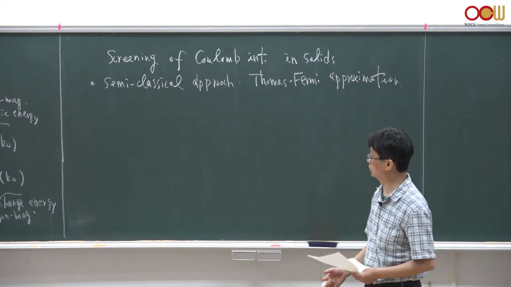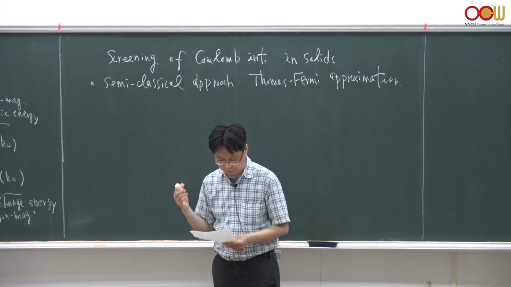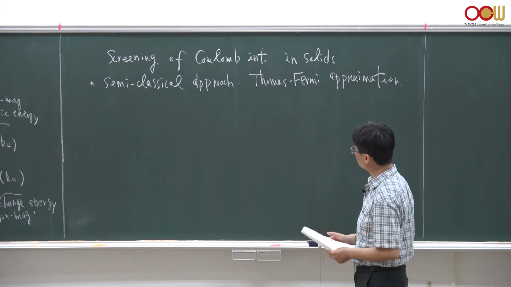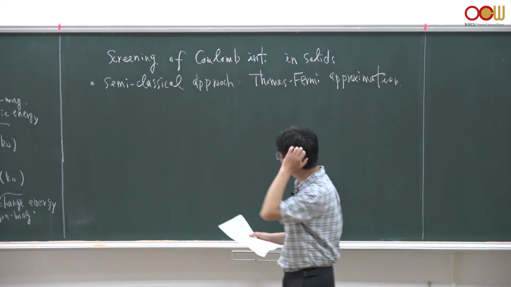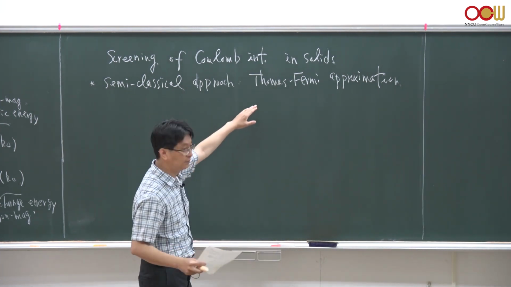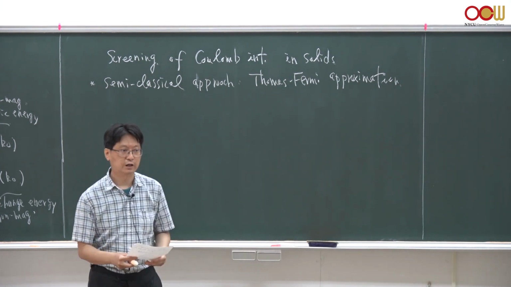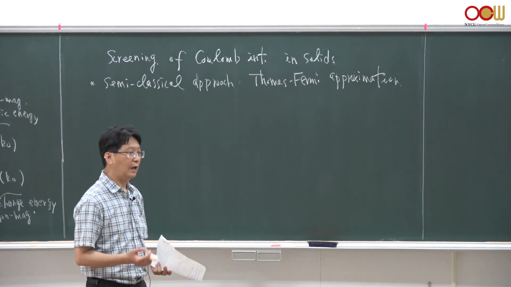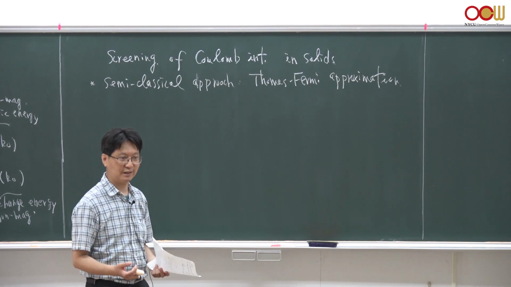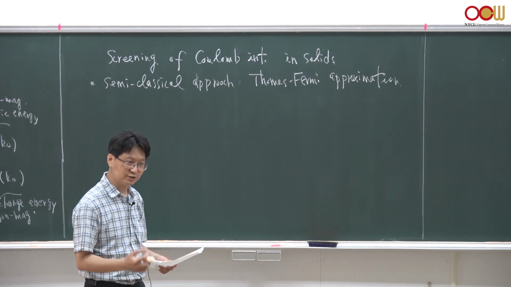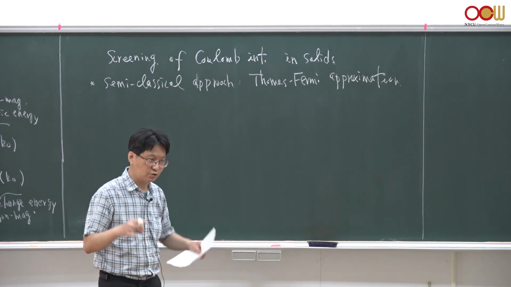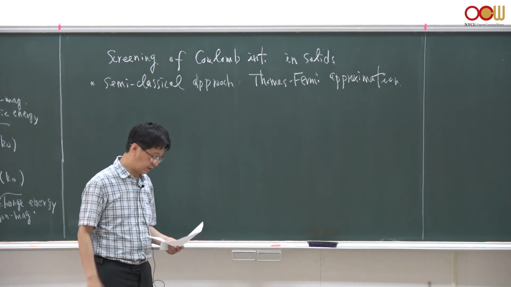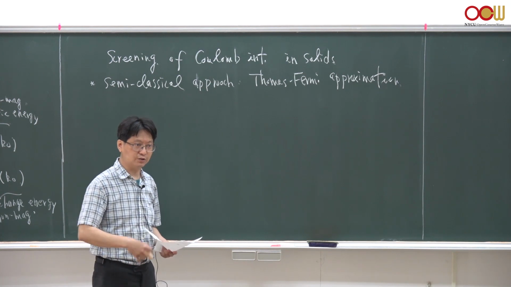At low temperatures for ordinary metals, we still can see this screening of the Coulomb interaction, but a simpler approach is the so-called Thomas-Fermi approximation, which combines classical electrodynamics and quantum mechanics. It's not a rigorous approach, but it could capture at a qualitative level how this screening occurs.